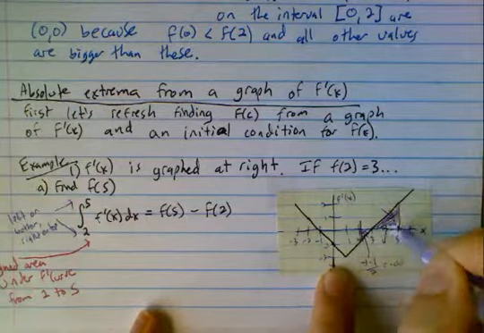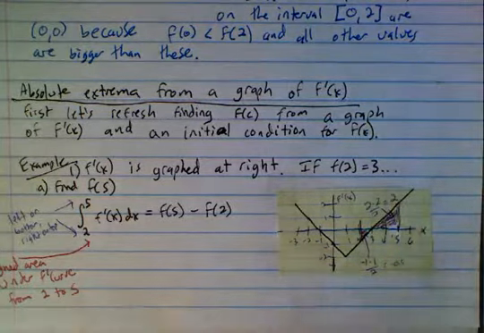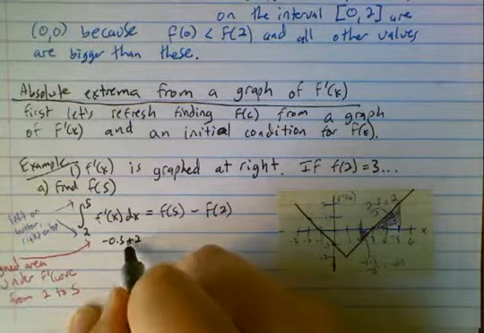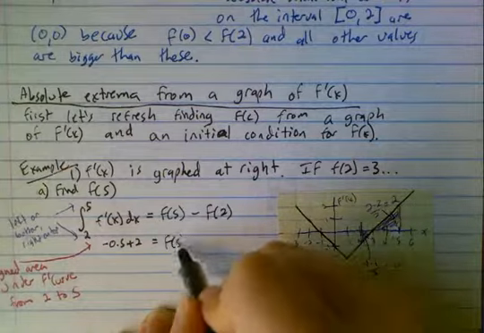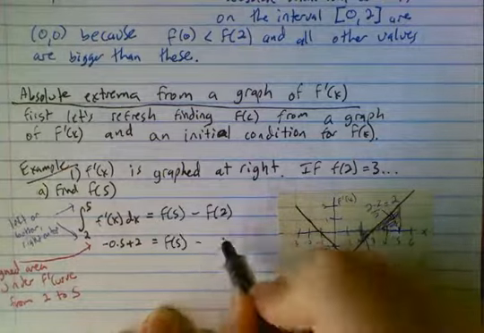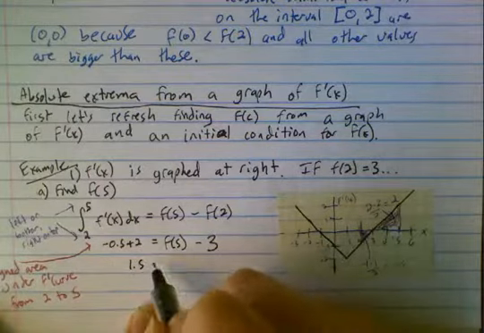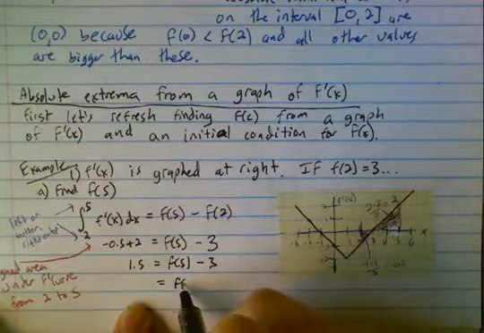And this is 2 by 2 divided by 2, or 2. So this is going to be negative 0.5 plus 2. F of 5 we want to know, and f of 2 we're told is 3. So if we add this up, this is 1.5. Add 3 to both sides.